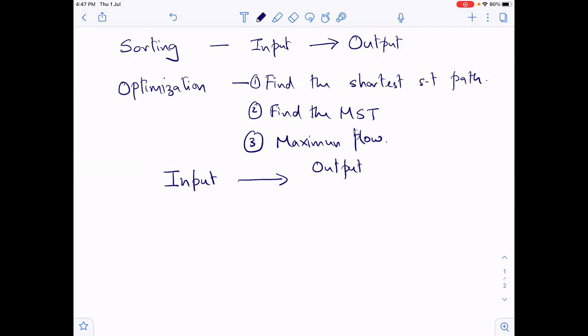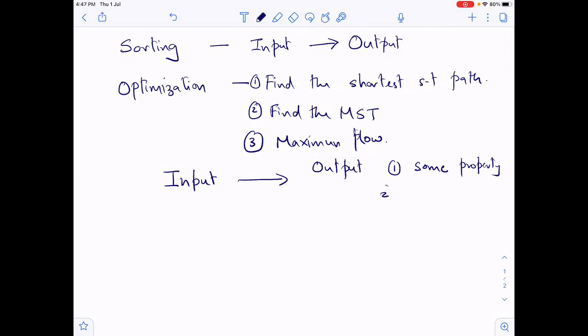The output has a particular property. In this case, the property would be outputting a path from S to T. This is outputting a spanning tree. This is outputting a flow.